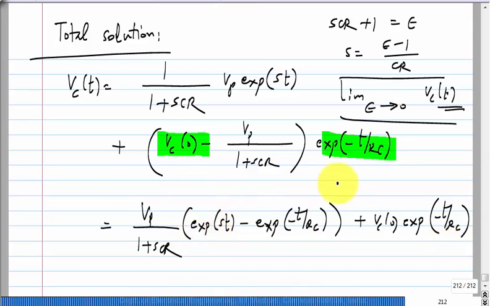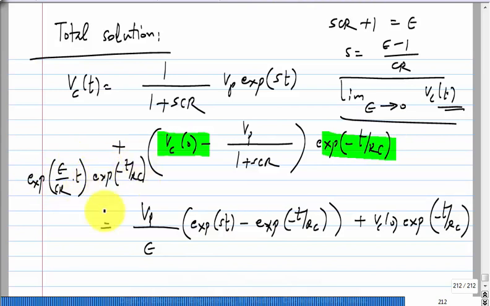And this, with the substitution, what do we get? This becomes epsilon. And here exponential ST would be exponential epsilon by CR times t, times exponential minus t by RC, right. So, this can be factored out, and we will have exponential epsilon t by RC.